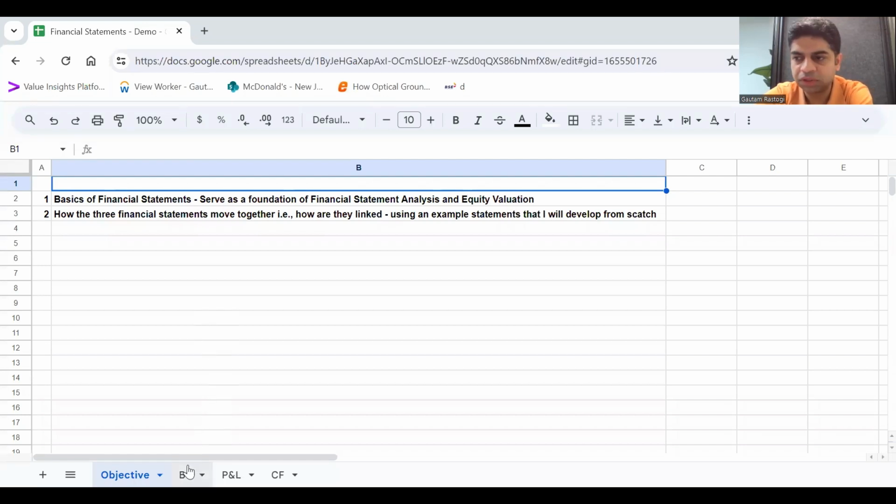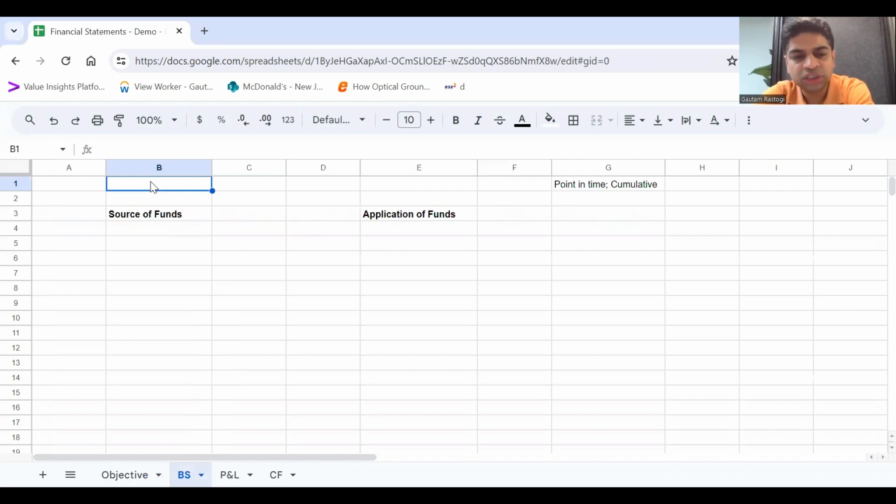First, let's talk about the balance sheet. A balance sheet is a financial statement that summarizes, as of today, what you owe and what you own.